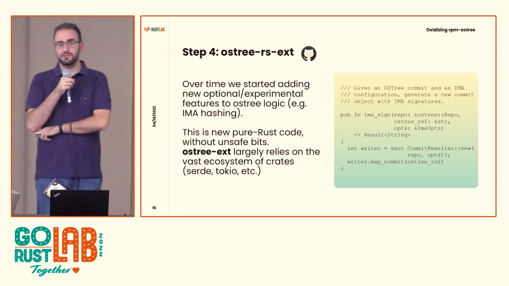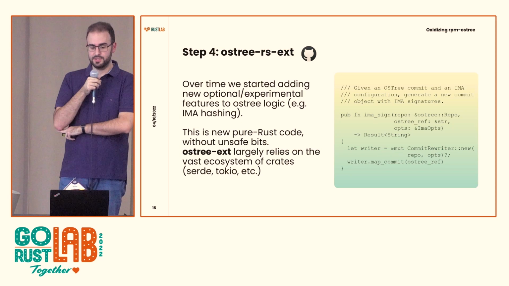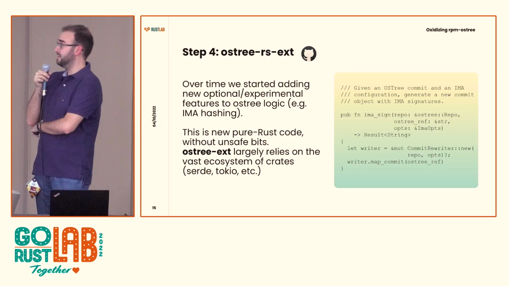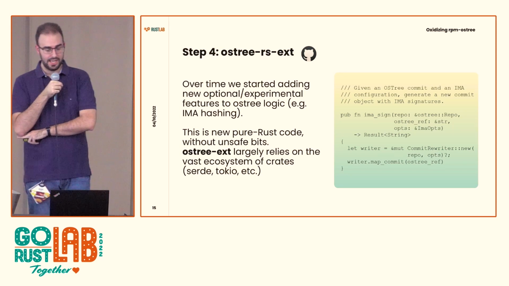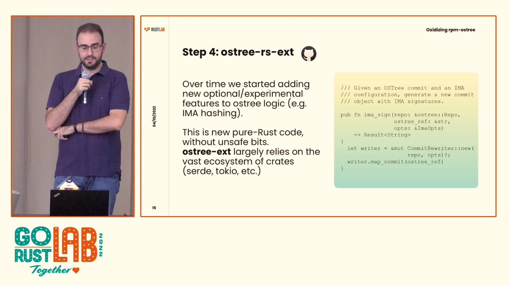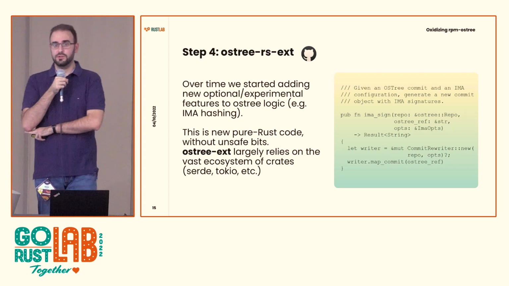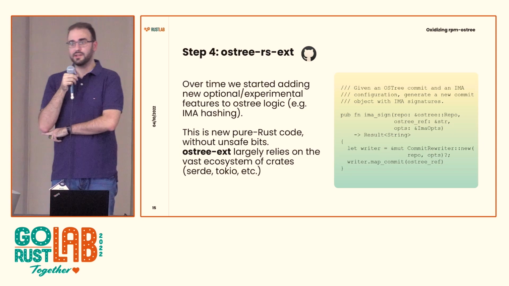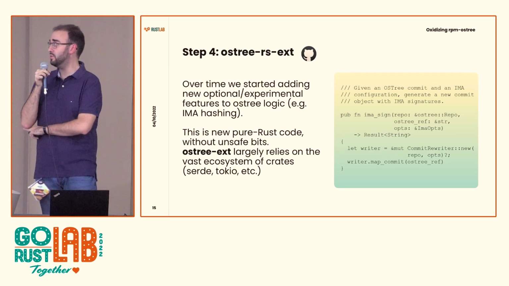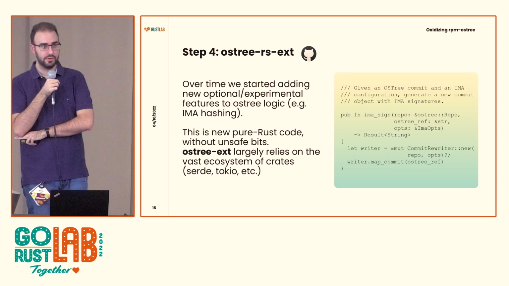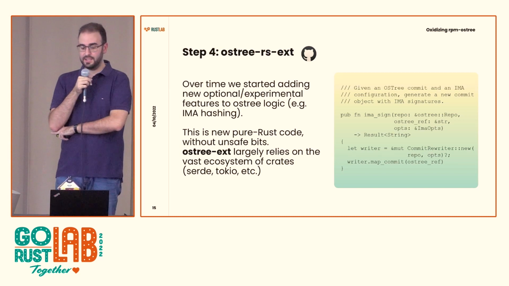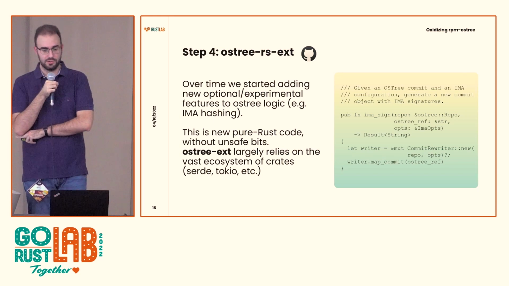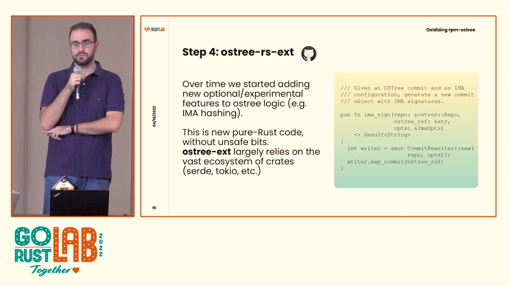And what we started doing was adding another crate. So this extension crate, as we call it, OS3-X. And in this crate, again, we don't write any kind of unsafe, any kind of weird C-like code. We just write pure Rust. And even better, in this case, we are completely detached from the C world, from the GNOME world.